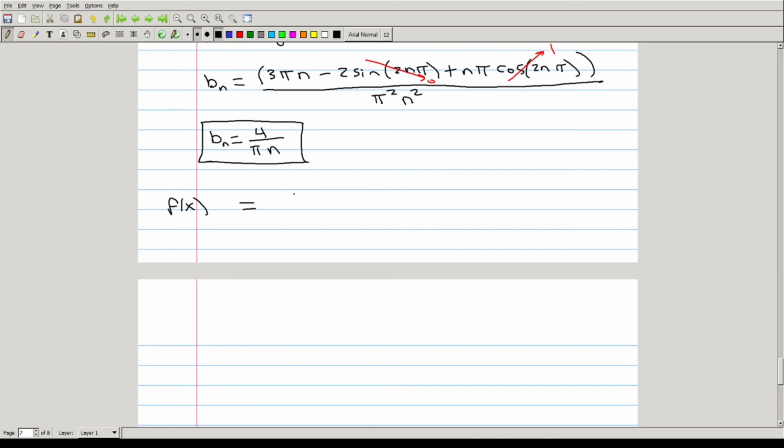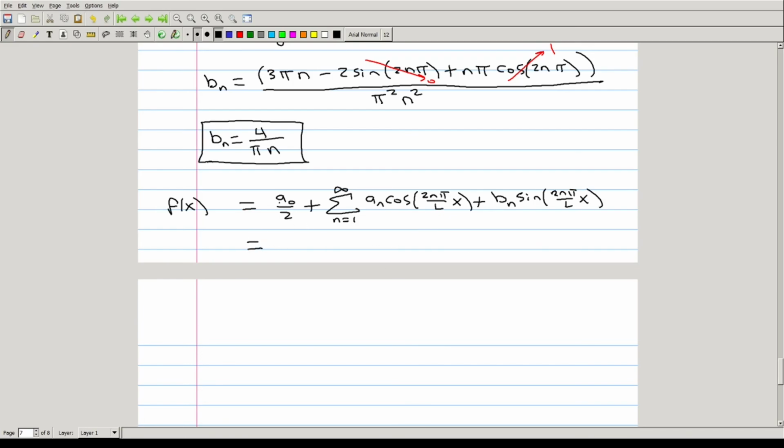The formula for the Fourier series, remember, is a naught over 2 plus the summation from n equals 1 to infinity of an cosine of 2n pi over L x plus bn times sine of 2n pi over L x.